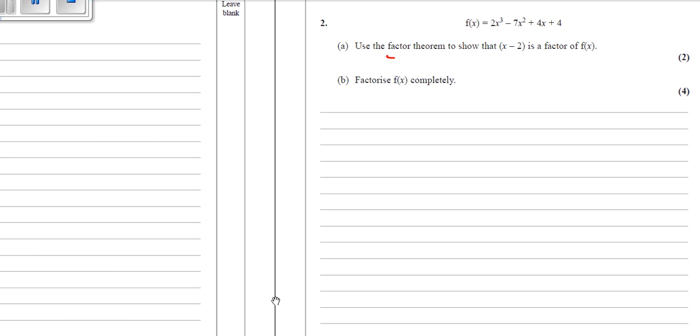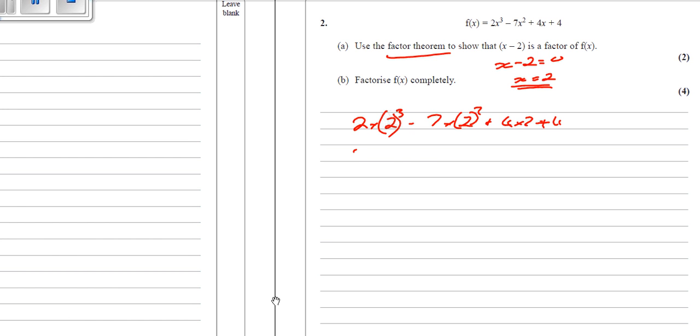Use the factor theorem. Now, the factor theorem and the remainder theorem are the same thing. x minus 2, we set the bracket equal to 0. Therefore, x equals 2. So the factor theorem means that if we substitute this in, we should get 0 remainder. So we're going to do 2 lots of 2 cubed minus 7 lots of 2 squared plus 4 lots of 2 plus 4.